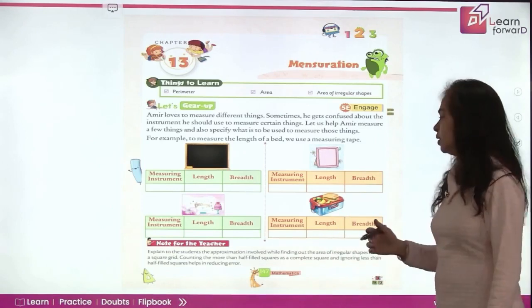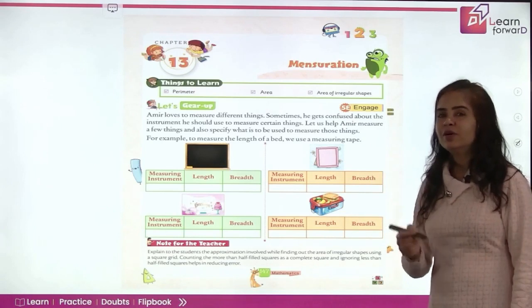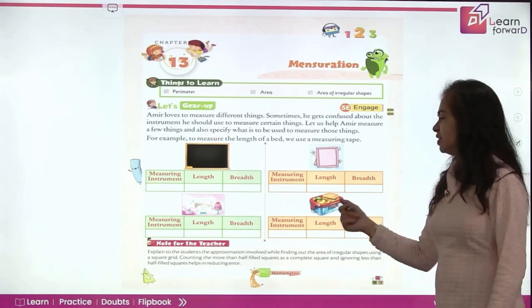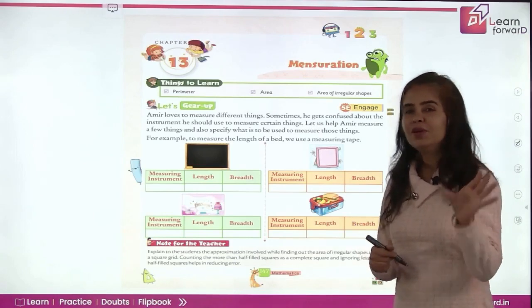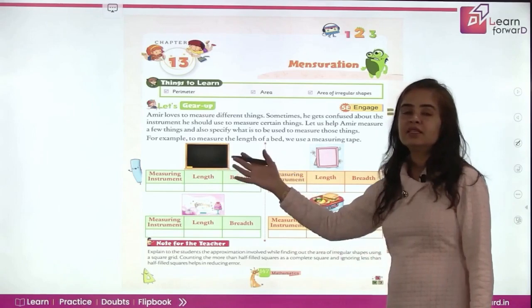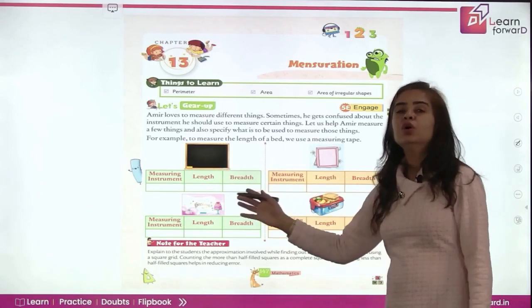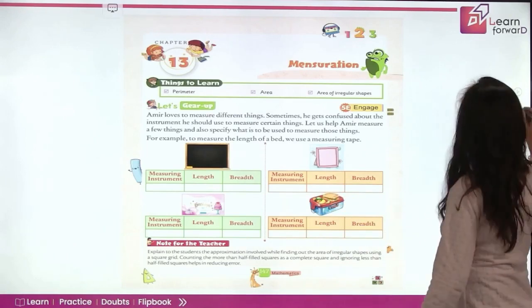They are called the dimensions. And for your tiffin box also, you can do it today in the break itself. Just measure the length and breadth with the ruler. Exactly. So for the measuring instrument, you will be writing the measuring tape and then the ruler, and then finding out the length and breadth yourself.